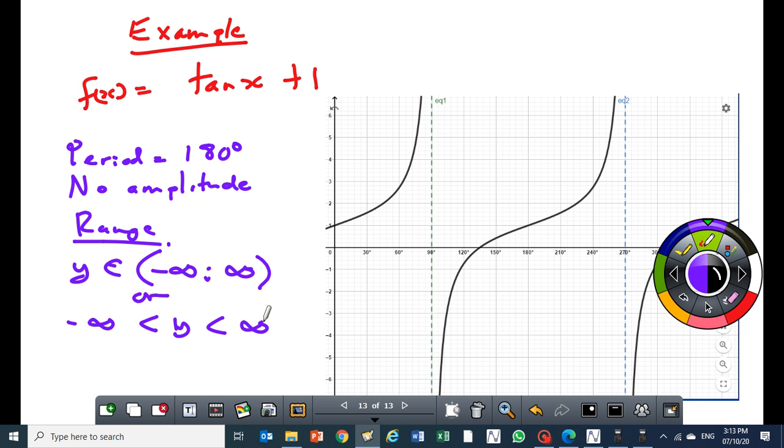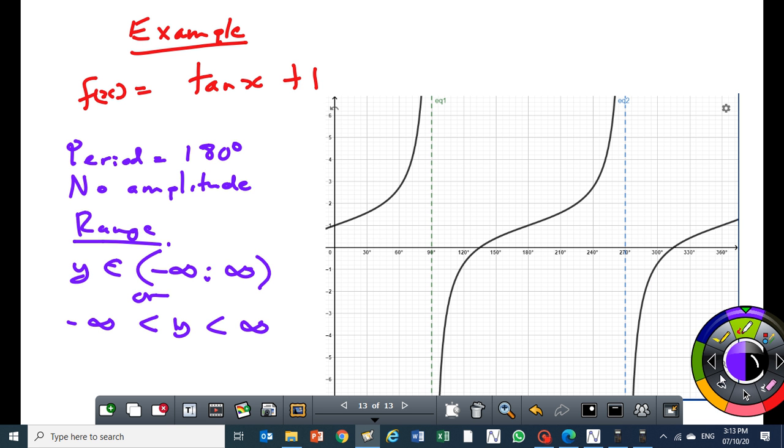If I would ask you a question from this graph, for what values of x is the graph increasing? When a graph is increasing, it means that as the x values are increasing, the y values are also increasing. So throughout, these curves are increasing.